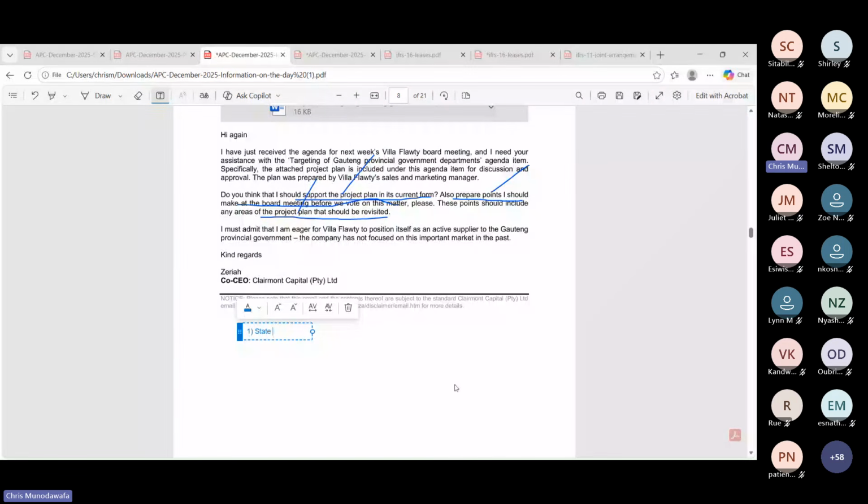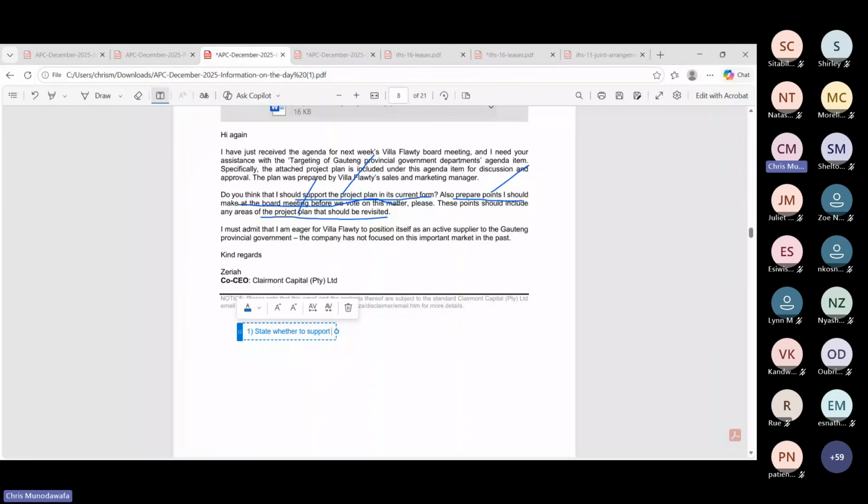Whether to support the current project or plan. That's number 1.